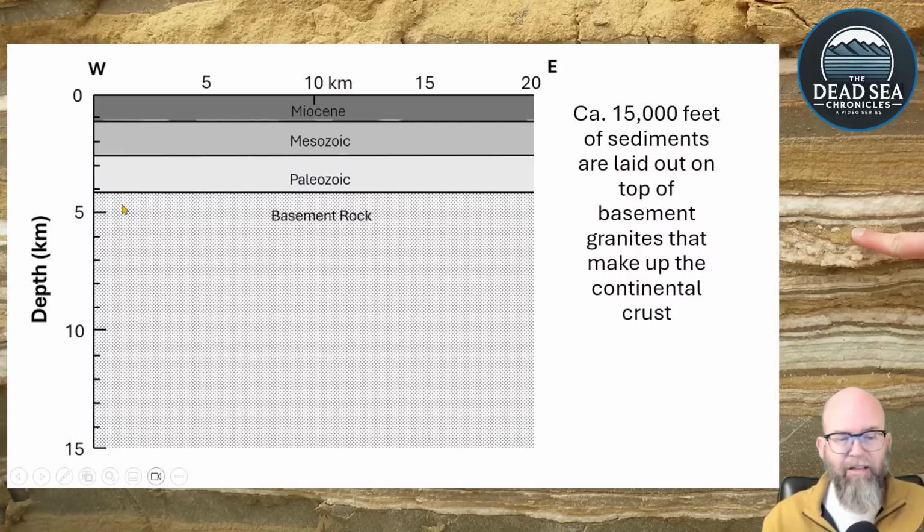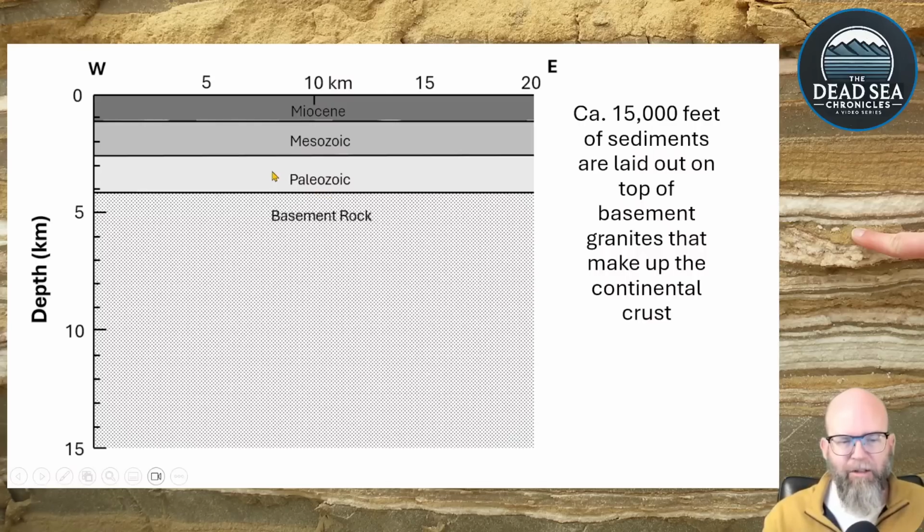And at that time, there was a stack of rocks that just covered this whole area, relatively flat. Not really any mountains in this area. You have your basement rock, and you think of your basement rock as your continental crust, made of granites, with no fossils in here. This is the original rock of the crust of the earth.